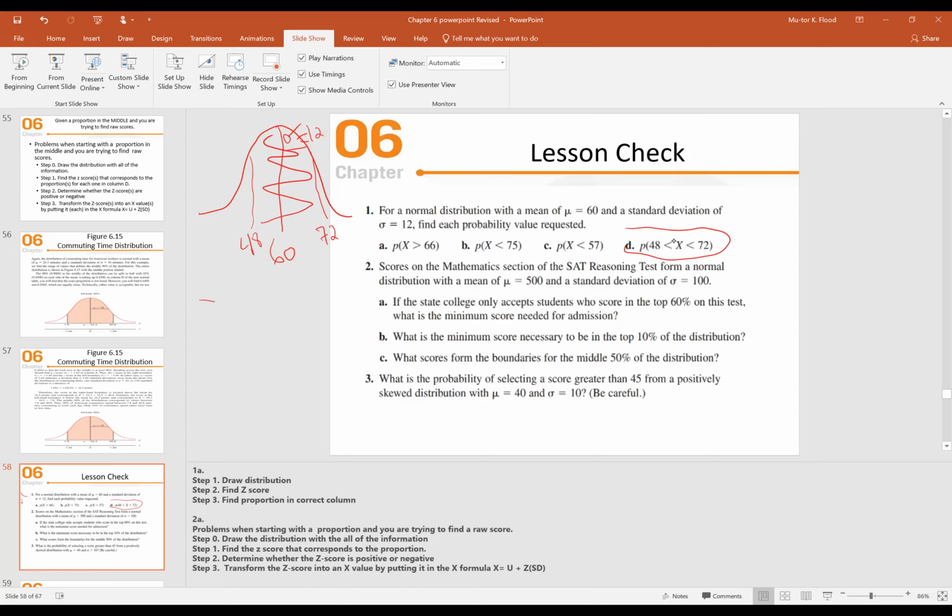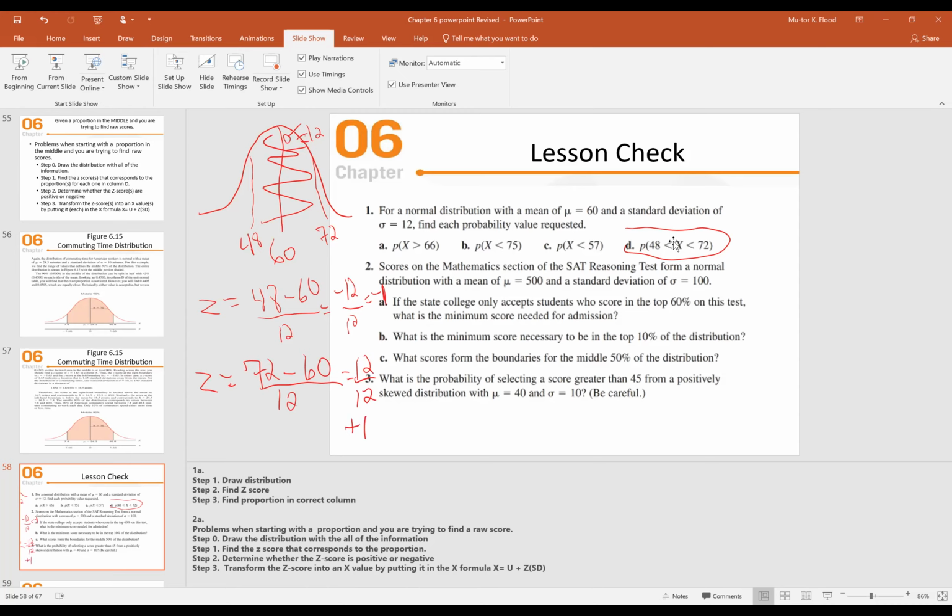The z-score for the first one is 48 minus 60 over 12, and that gives us negative 12 over 12, which is negative 1. For the second one, the raw score of 72, this is 72 minus 60 over 12, which gives us 12 over 12, a z-score of positive 1.